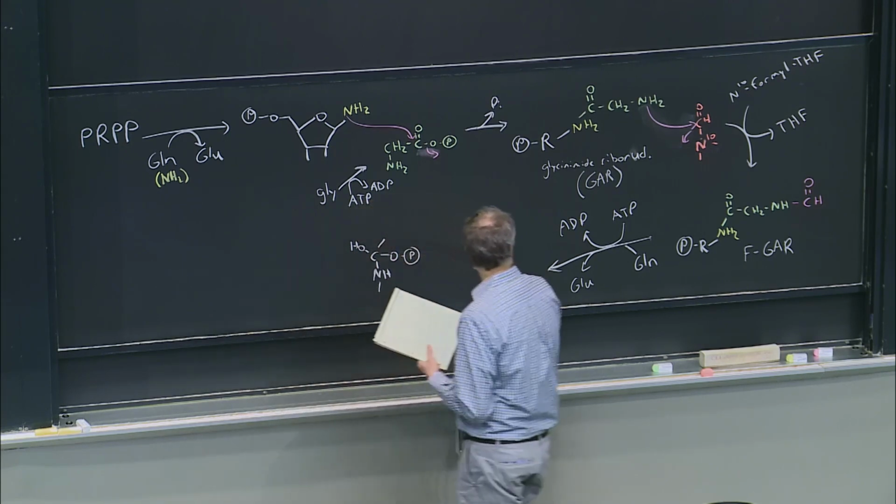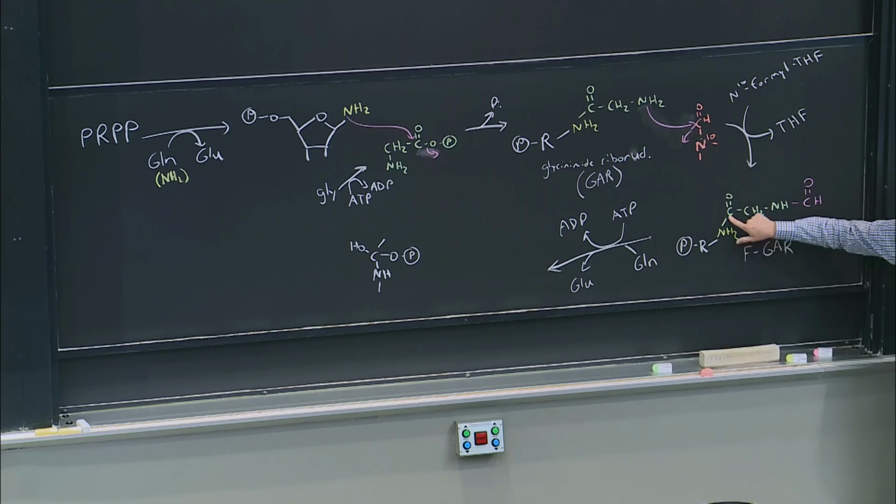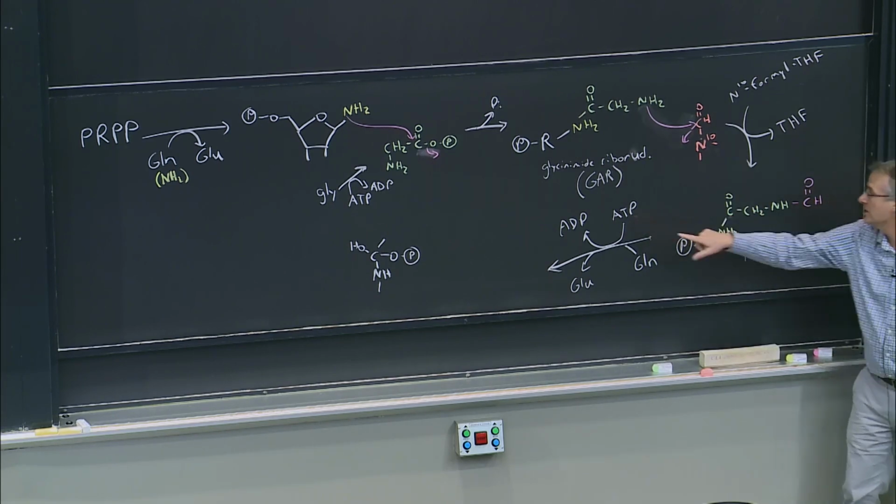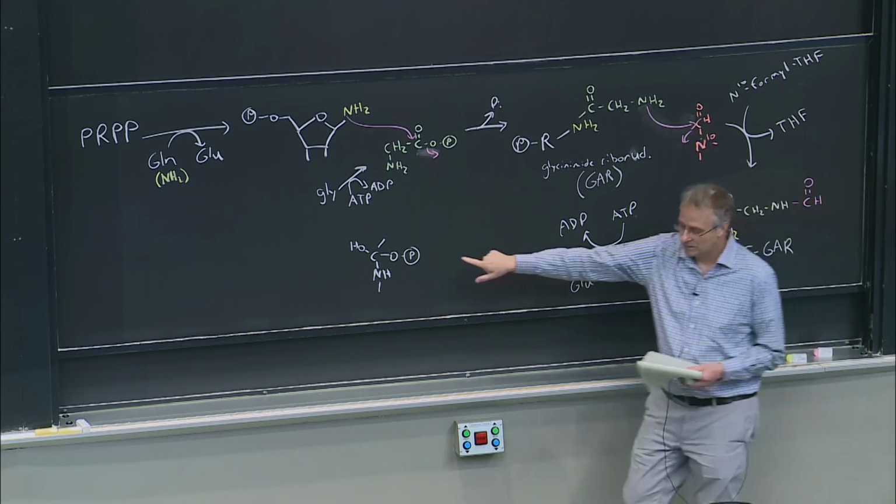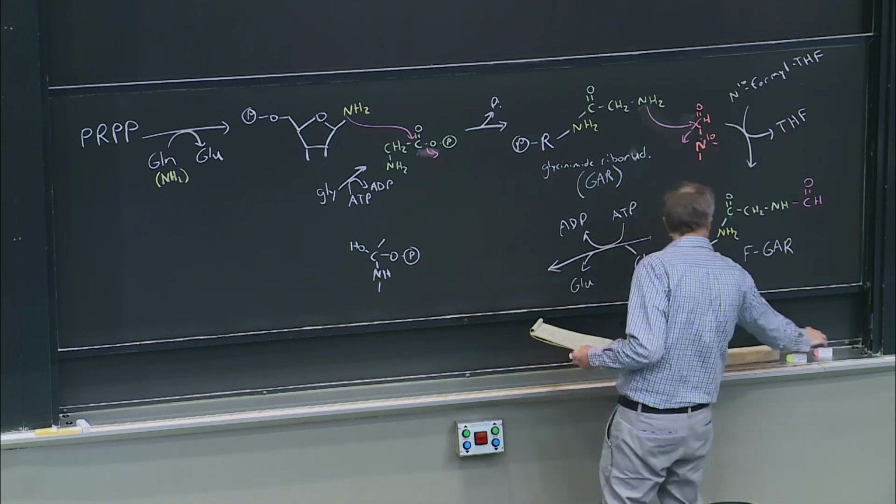So basically, this is phosphorylation here. So the phosphate from ATP is transferred here to give this intermediate.